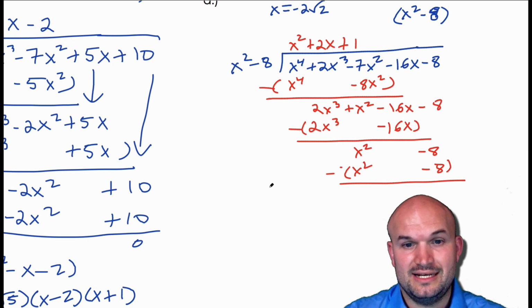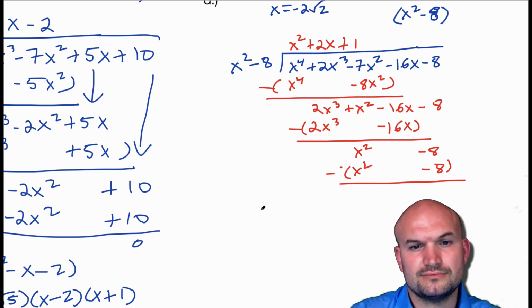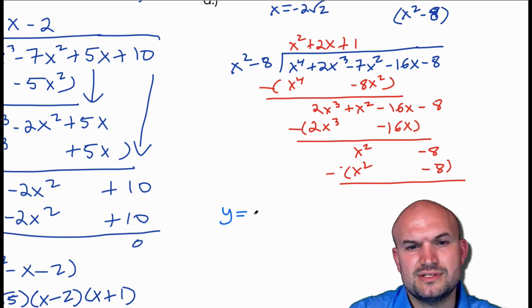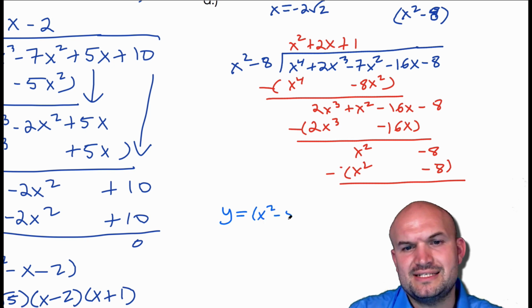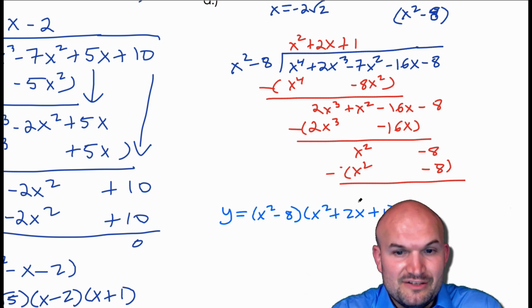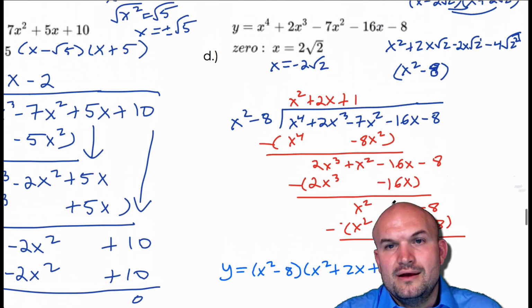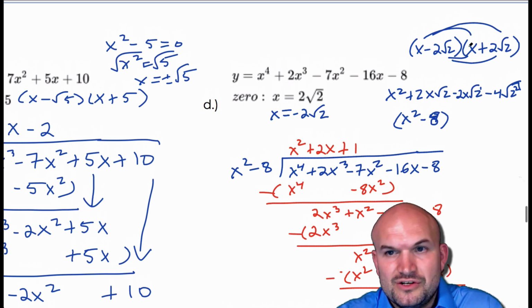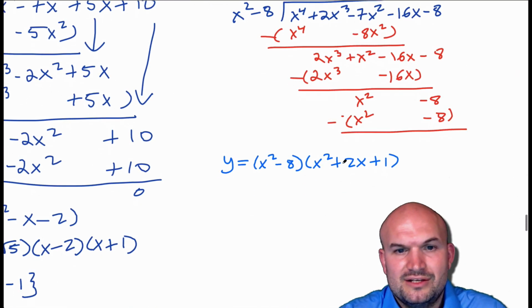So again, I can now rewrite my polynomial as y equals x squared minus 8 times x squared plus 2x plus 1. Now, if I want to write my linear factors, I don't really need to go too far. I need to factor this, but I already have my zeros written as linear factors, so I can do that rather quickly.